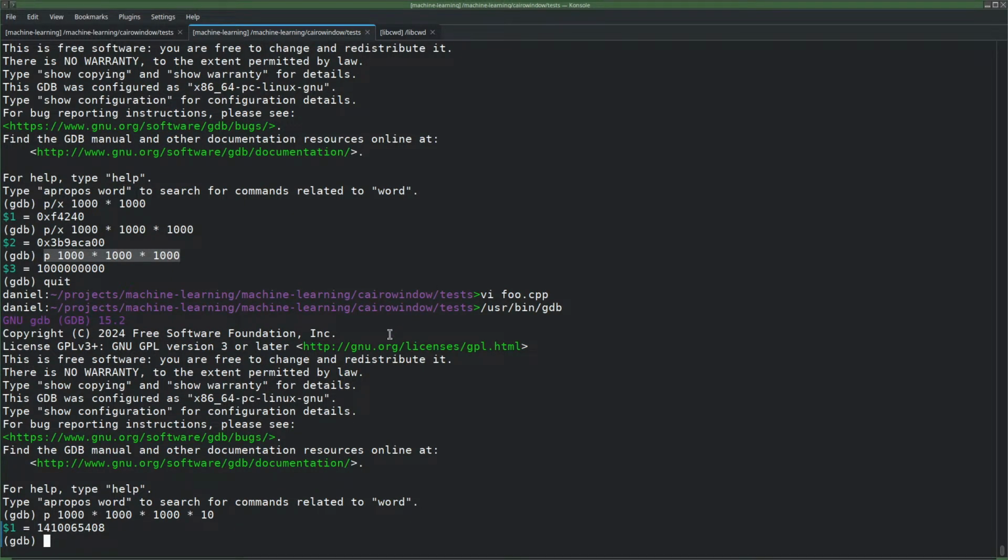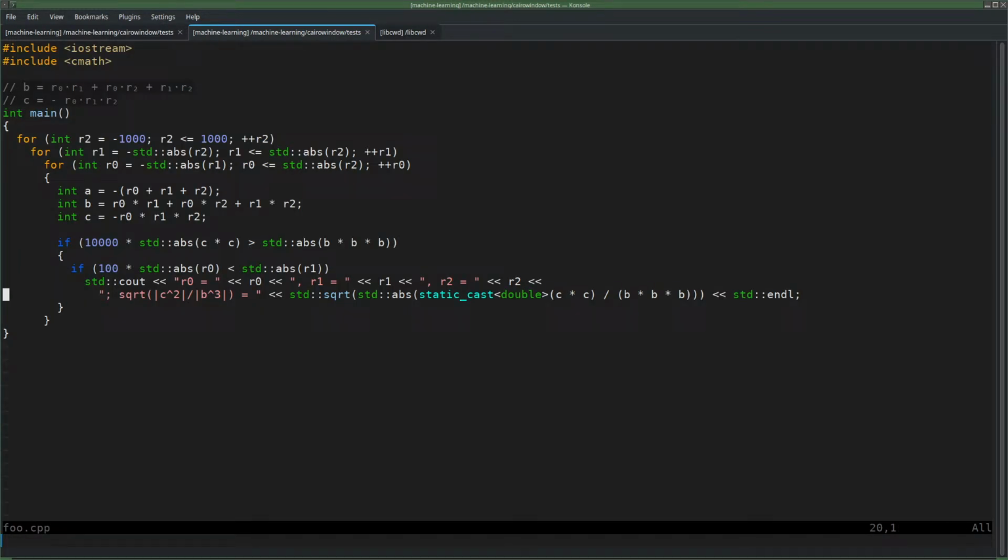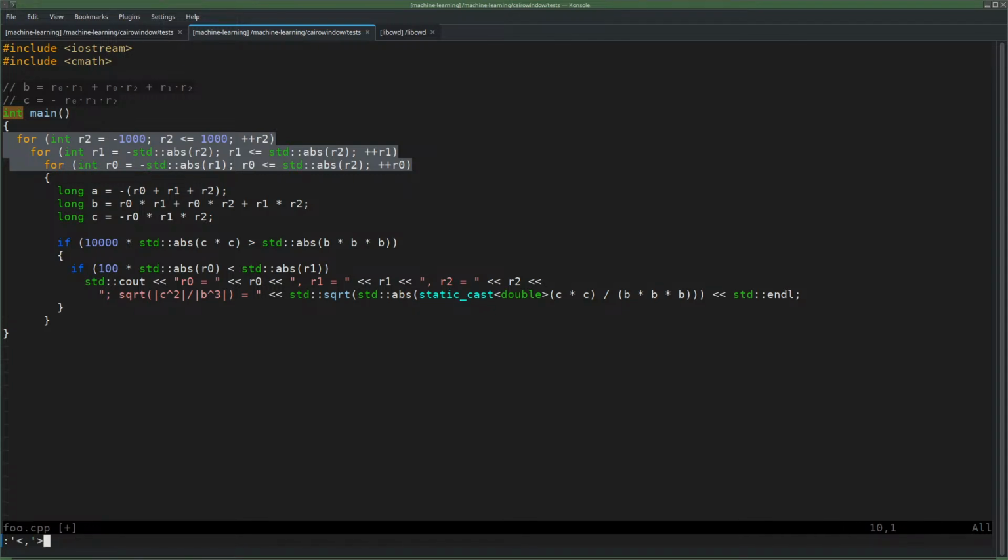Yeah, that doesn't fit. Yeah, let's just use larger numbers here. Might as well use long here. Just long all the way.